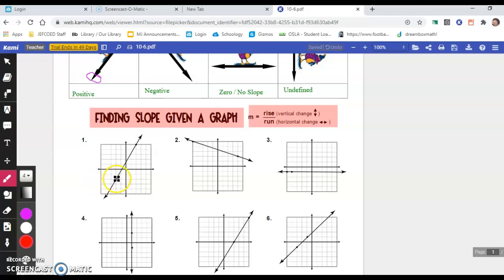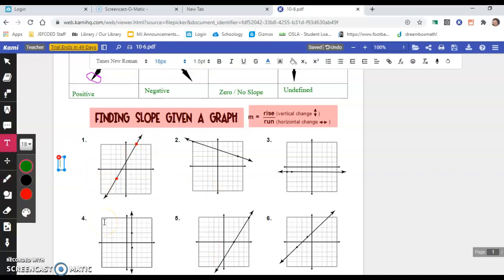We have a point here, and we have a point there. If we're looking for the slope, it's just our m, remember that's the variable that represents slope. It's just our rise over the run, or vertical change over horizontal change. So let's look at the vertical change. We're going to start at the leftmost point and count vertically how many units it goes up.